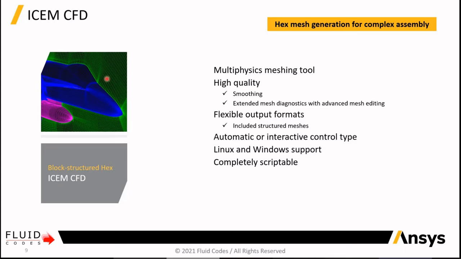You can generate this kind of mesh using a blocking strategy, so you need to give the tool an idea of what the topology is. You need to work a lot on this. This is the reason why this tool is very powerful, but it's not really user friendly.